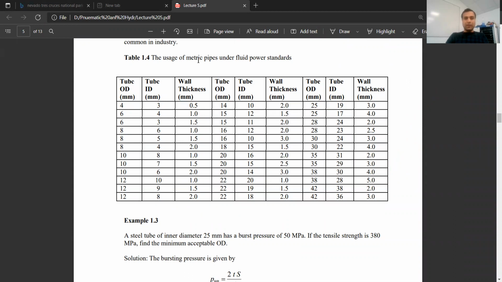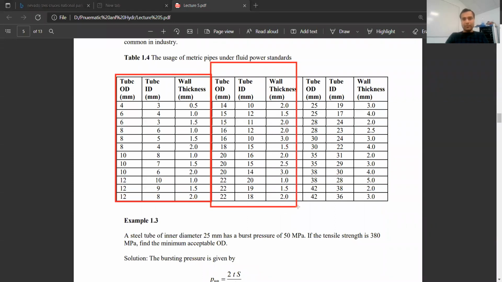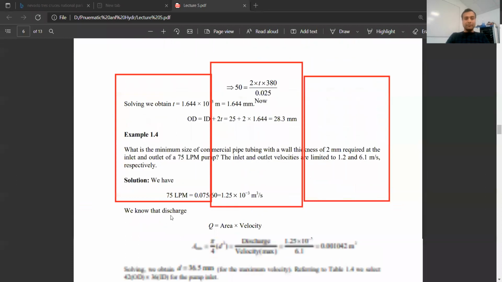The tables are like this. So here you go, these are 3 tables: outer dia, inner dia, wall thickness. We look at what was the inner dia and outer dia according to what we got here.